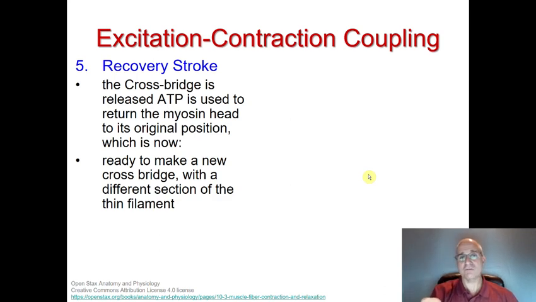So after the recovery stroke, our myosin head has had ATP bound to it. It's been moved away. It's now ready to make more cross bridges with a different part of the actin myofilament. And if this can happen over and over and over again, we're going to make our sarcomere shorter.